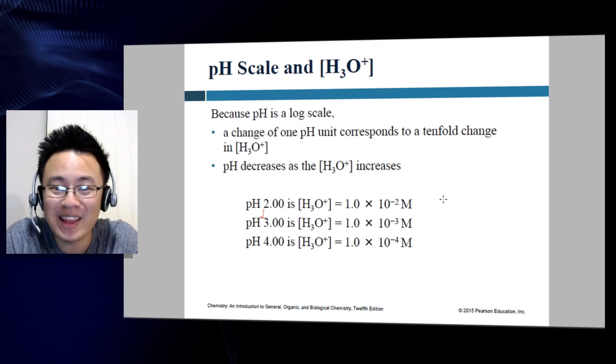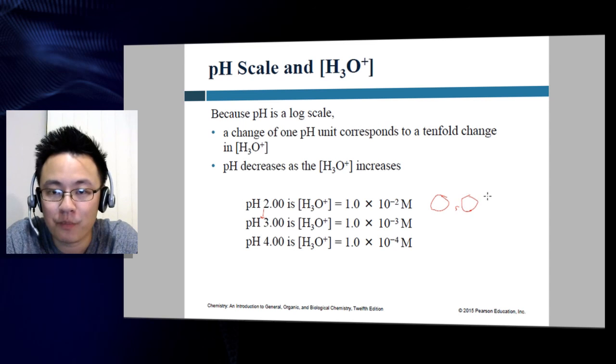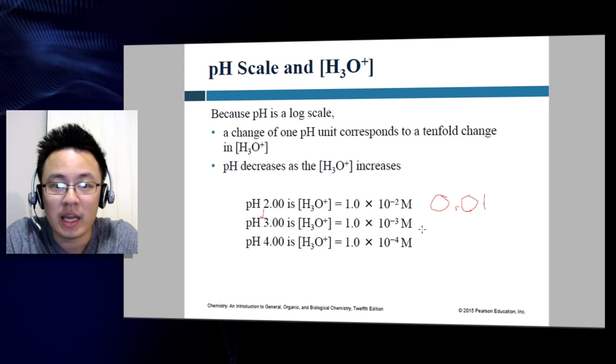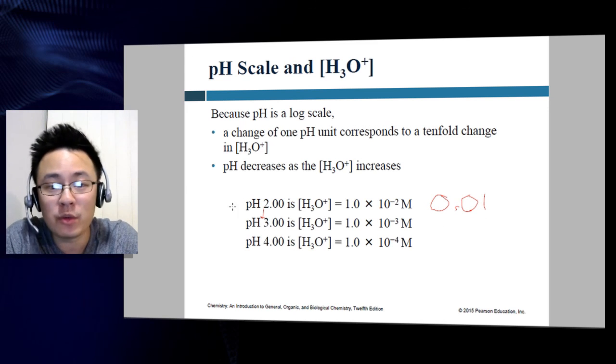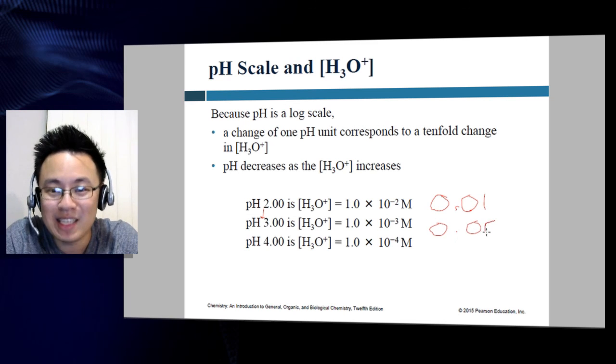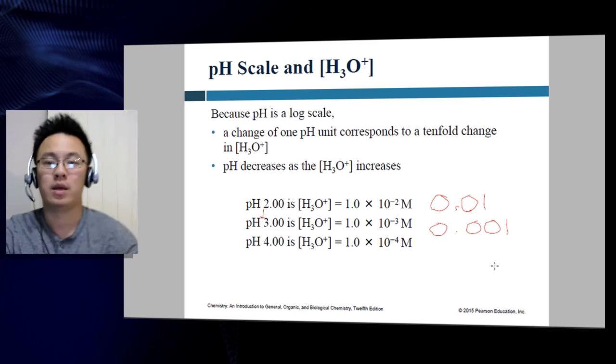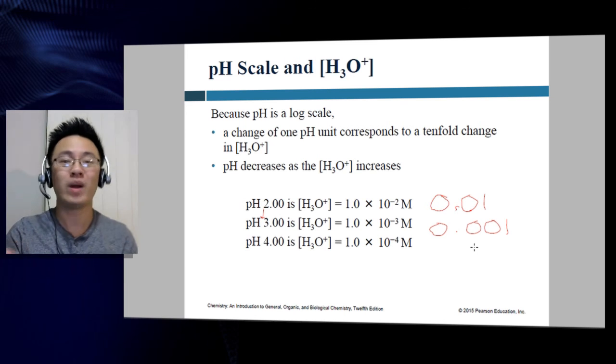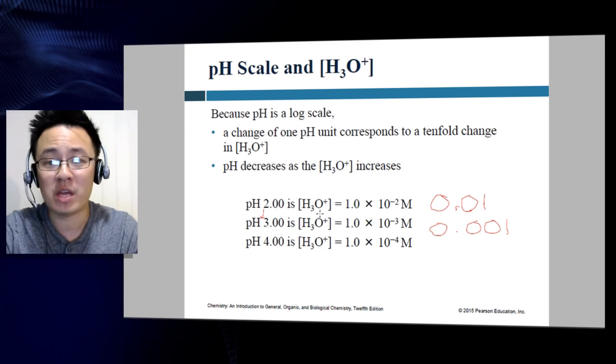If I were to write that out in decimal form, it was 0.01. If I were to see here a pH of 3, even though it's going up by one unit value, but if we were to convert that into its molar values, we would have 0.001. Okay, and that is 1/10 the value of that of pH of 2.